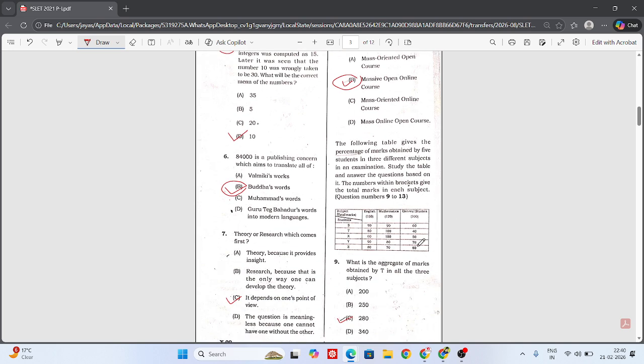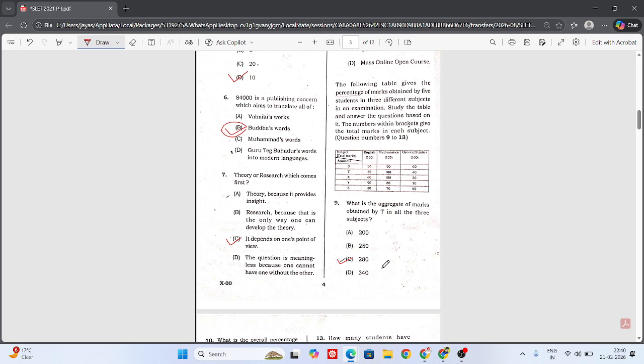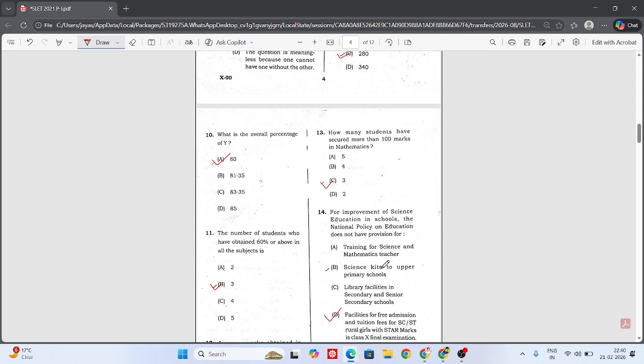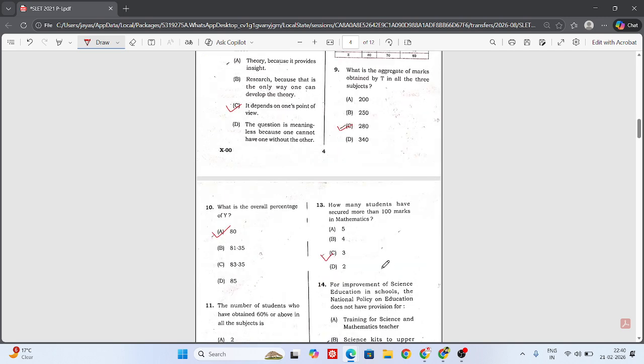Now they have given a table. This is the interpretation problem from the mathematics part. You have to calculate some, not a very lengthy calculation, but you can do it. I'm not doing the calculation, but I have ticked the right answers.